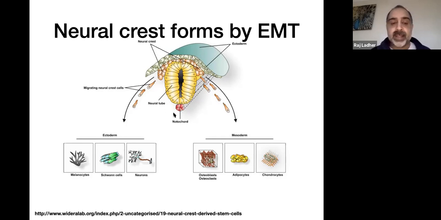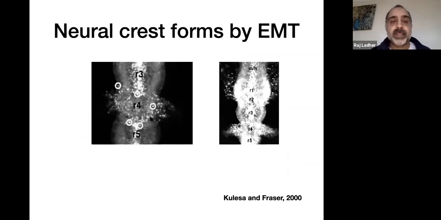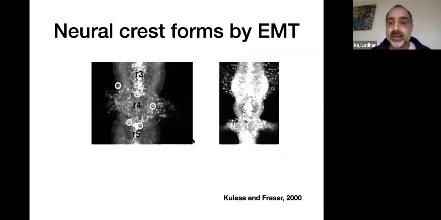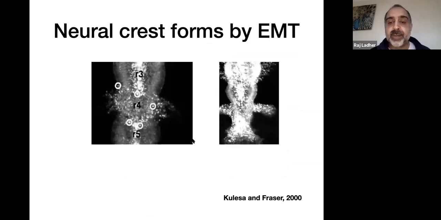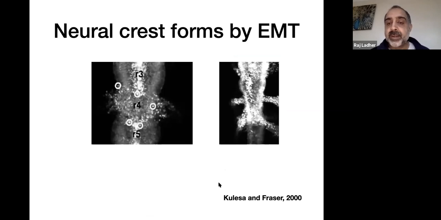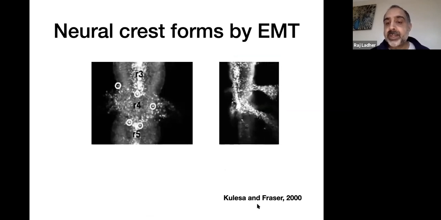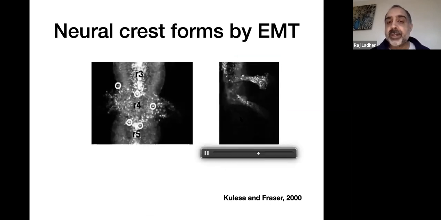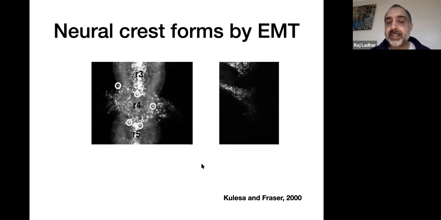And again, the mechanisms in which neural crest is able to leave the neural tube are very well worked out. And I'm showing here this video from Paul Kaluza and Scott Fraser, showing the migration of neural crest. And so let's play this again. And so what you're looking at is the hindbrain of a chick embryo.